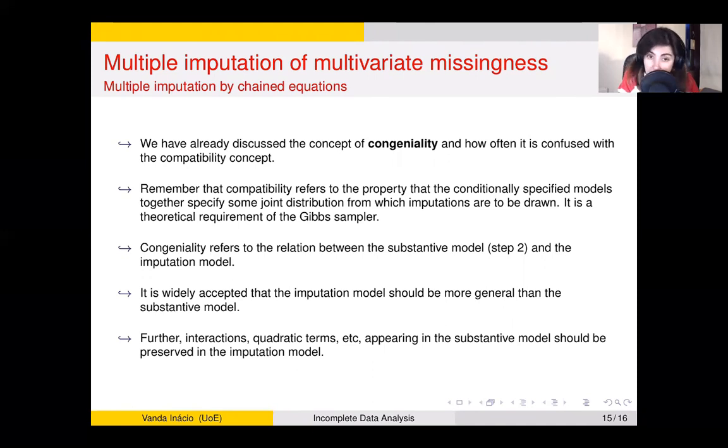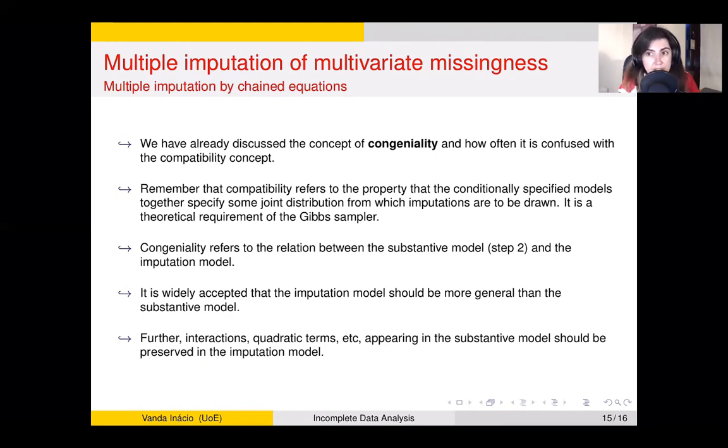So compatibility refers to the property that the conditionally specified models together specify some joint distribution, okay? And it is a theoretical requirement of the Gibbs sampler. And congeniality refers to the relation between the substantive model, our model of interest in step 2, and the imputation model.